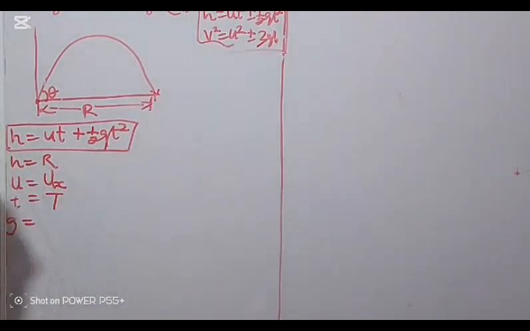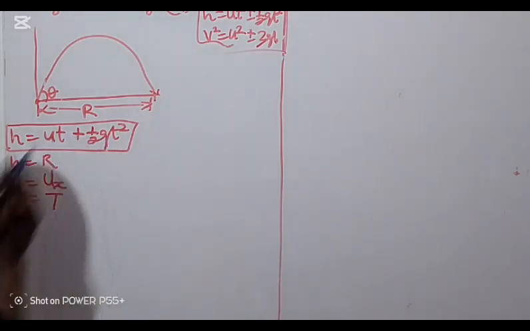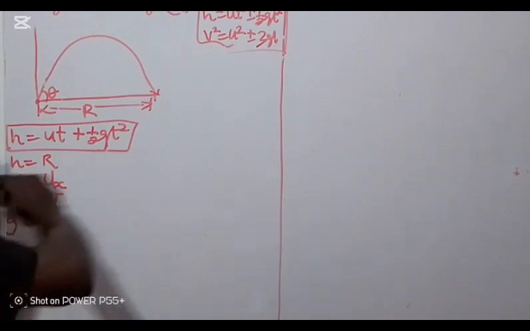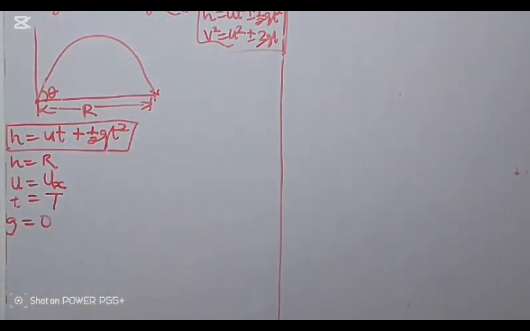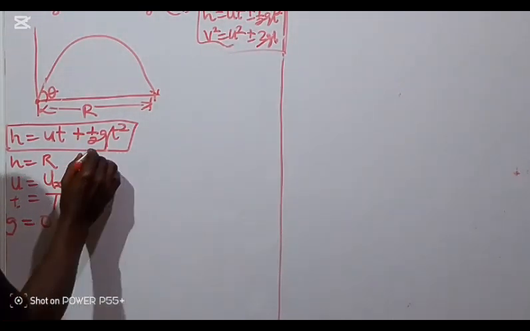According to the first explanation, projectile motion has two-dimensional motion. One, horizontal constant motion, in which g is equal to 0. Here, g will be equal to 0 because it is horizontal. So if g is equal to 0, it means this term will be equal to 0.